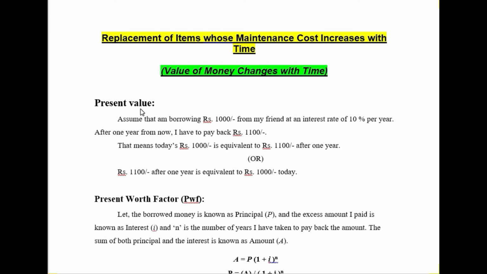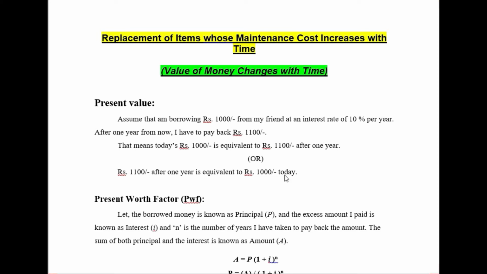So the money changes with respect to time. This means the money has increased. From my side, I have borrowed 1,000 rupees, but I have repaid 1,100 rupees, which means I have paid 100 rupees extra, which is a loss for me. So that is the rate of depreciation, we can say.